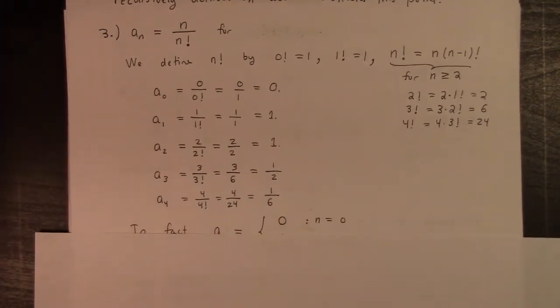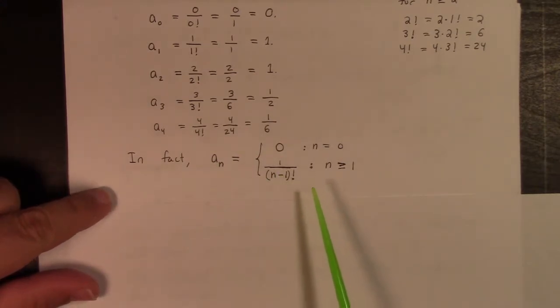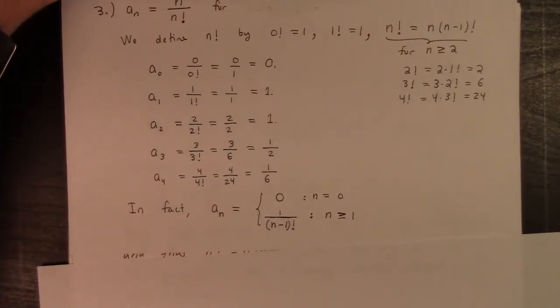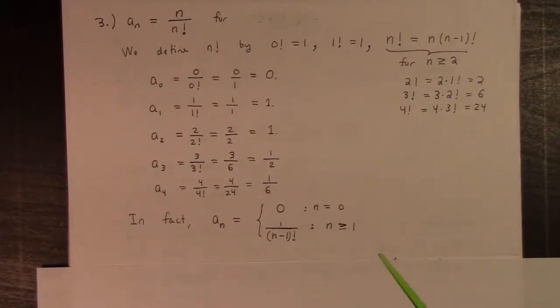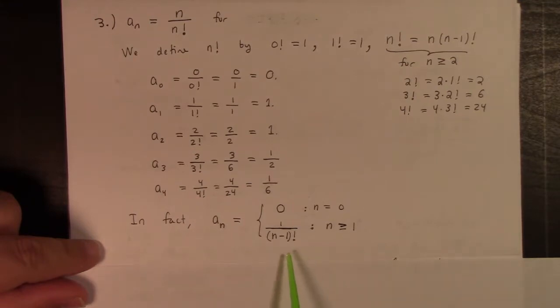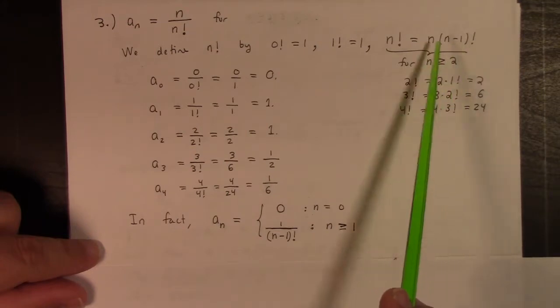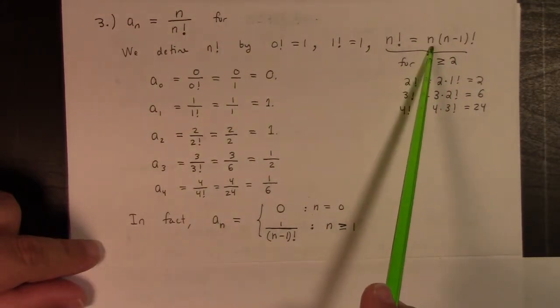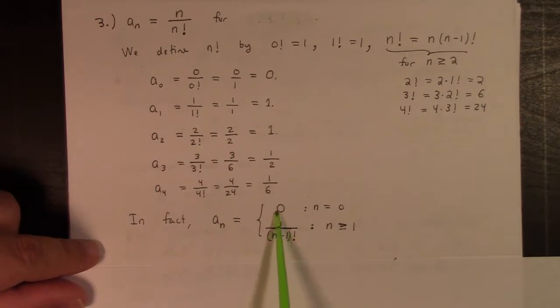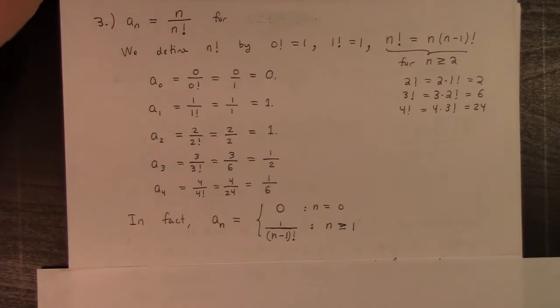In fact, we can simplify: n over n factorial we can rewrite as 0 when n equals 0, and 1 over n minus 1 factorial for n greater than or equal to 1. That makes sense if you just look at the algebra here. If we plug in n factorial as n times n minus 1 factorial, then this n would cancel with that n and just leave us 1 over n minus 1 factorial. But anyway, we'll have lots of opportunities for learning more about the algebra of factorial, so let me go on here.